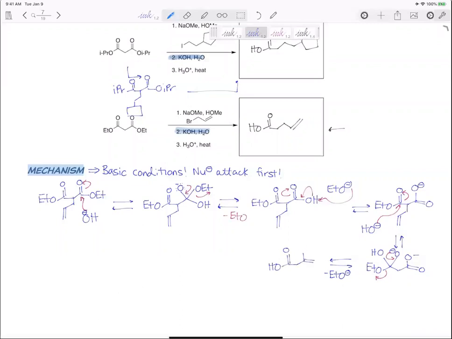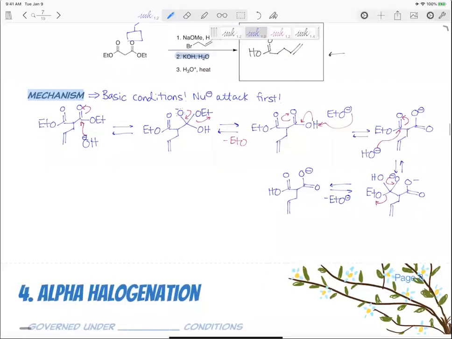Sorry, I don't know why I keep drawing that. Right here. Okay, anyone remember what happens next? The ethoxy group comes back for revenge to kick off right here. So we now have the left looking exactly like the right.